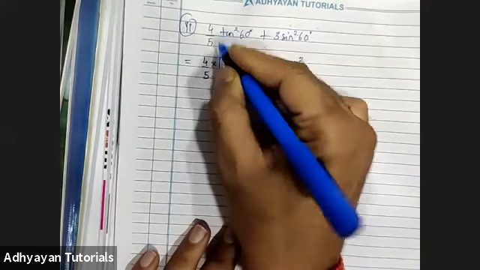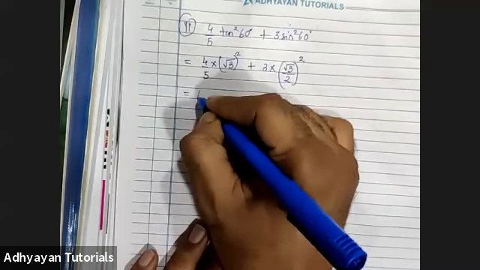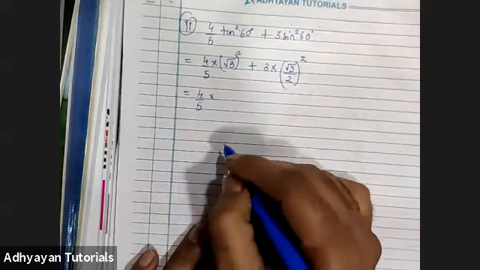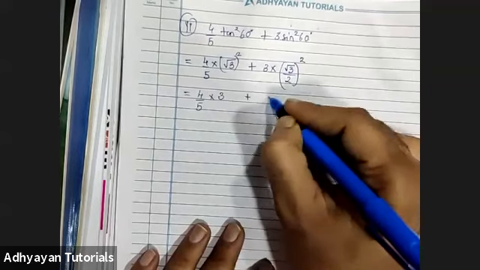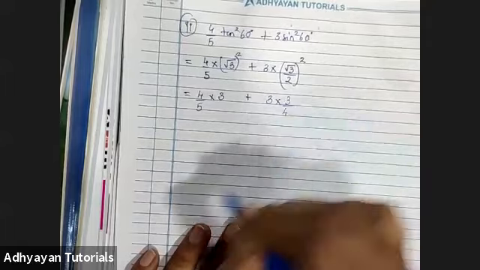Here there is a multiplication sign. Since there is nothing, you can put a multiplication sign. Now, 4 upon 5 into root 3 ka square. We all know root 3 into root 3, the answer is 3, plus 3 into root 3 ka square again is 3. 2 ka square, the answer is 4.